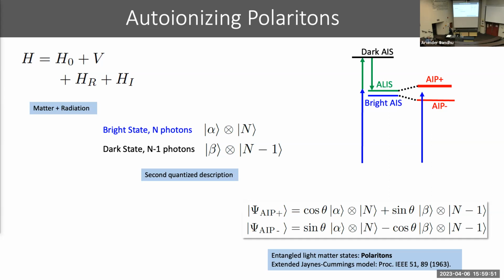It's mixed together. So it's an entangled state. These are called polaritons. And in technical language, this is an extended version of a Jaynes-Cummings model, which is used to describe the dynamics of atoms inside cavities when they're interacting with photons in the cavities.